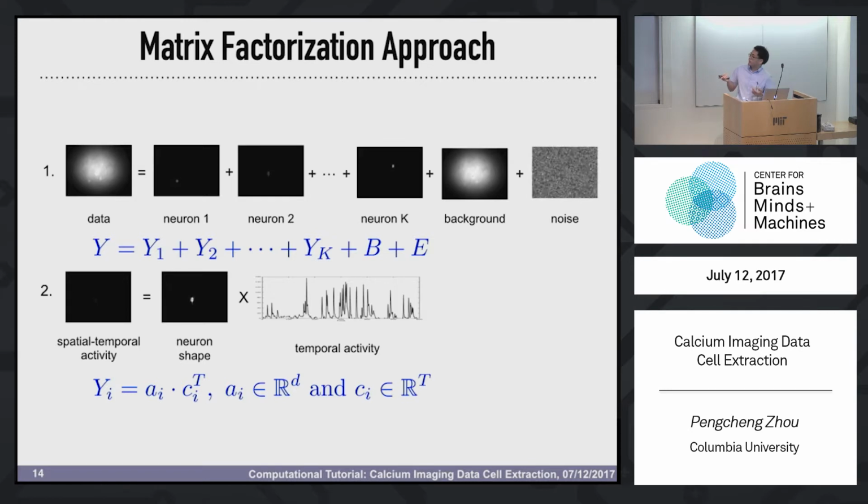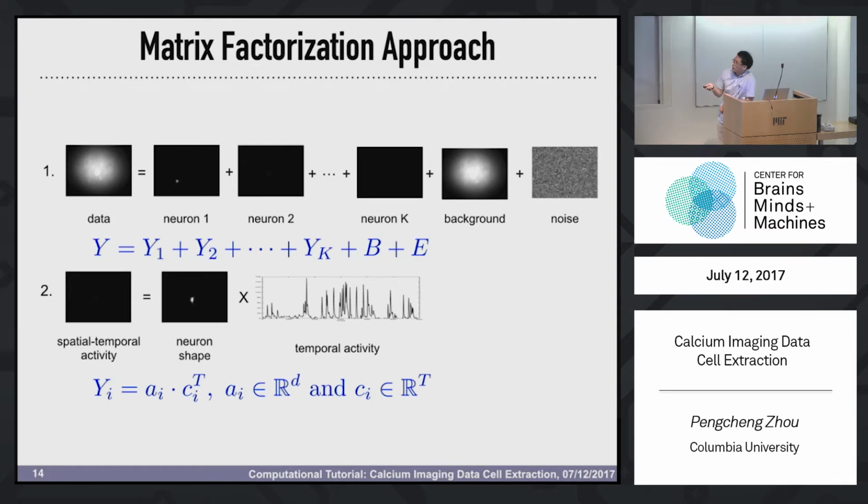Now we're going to write down the mathematical formula for these two observations. First, the observation data Y is the video data we recorded. It's the sum of neuron 1's spatial temporal activity, neuron 2's spatial temporal activity, up to neuron K's spatial temporal activity, plus the background and observation noise. All the Y1 to YK, B, and E have the same dimension as Y, the video data you have.